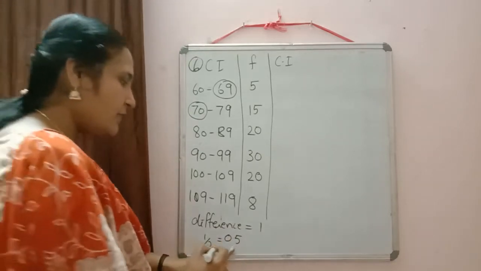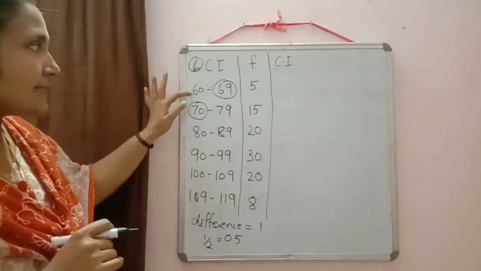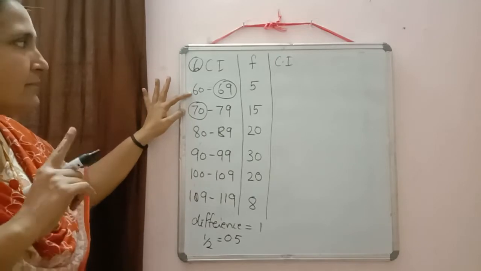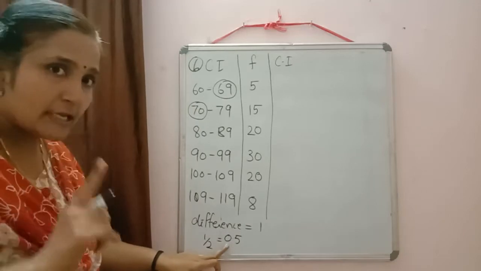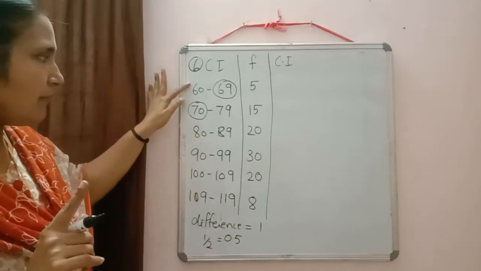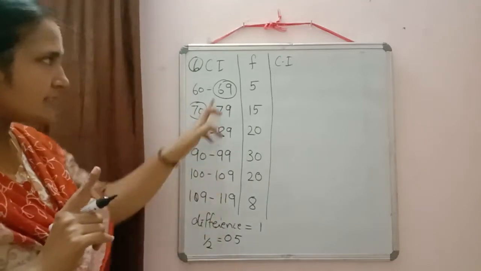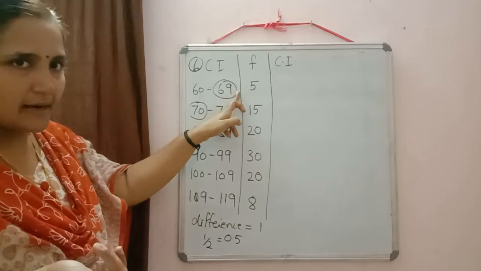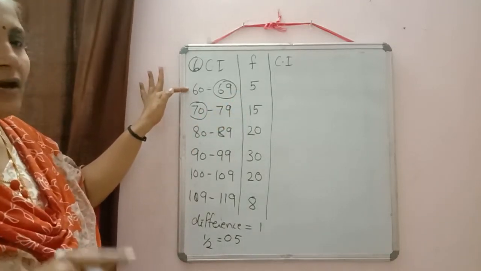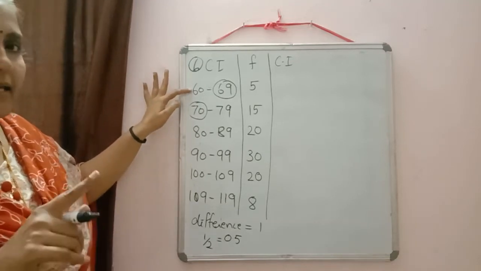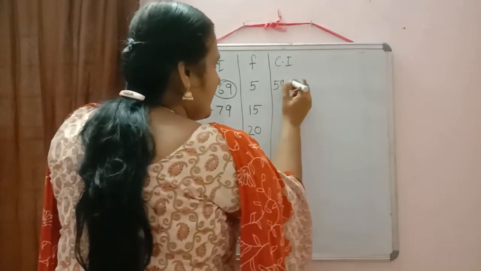The method we already wrote when we discussed mode. What we are doing: subtract 0.5 from the lower limit, and add 0.5 to the upper limit. Once again I am saying, subtract 0.5 from the lower limit, the number on the left hand side, and add 0.5 to the upper limit. Clear? So 60 minus 0.5 will be equal to 59.5.